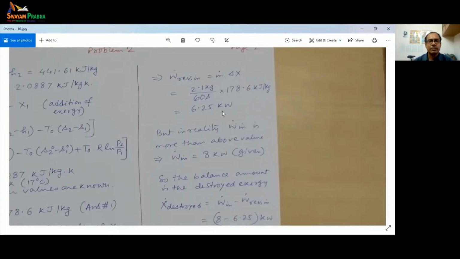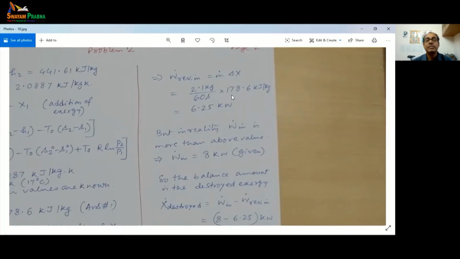Basically, work input is done to the compressor, right? It rotates the shaft and thus you accomplish the pressure rise of the airstream. So the reversible work input would be 6.25 kilowatt.